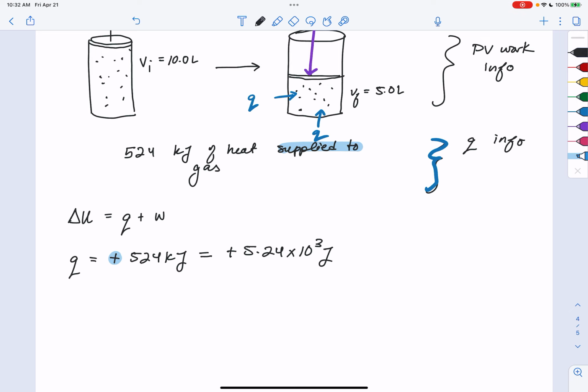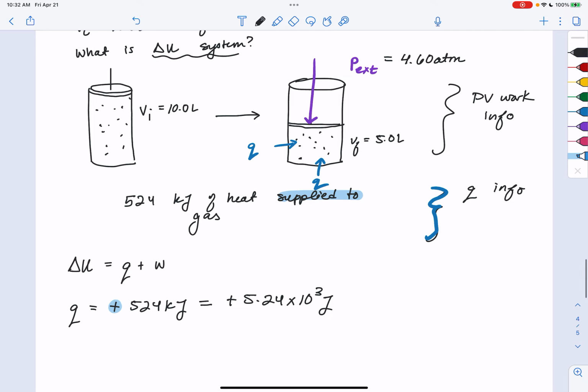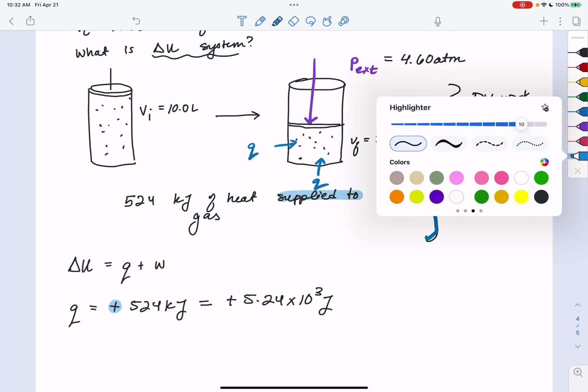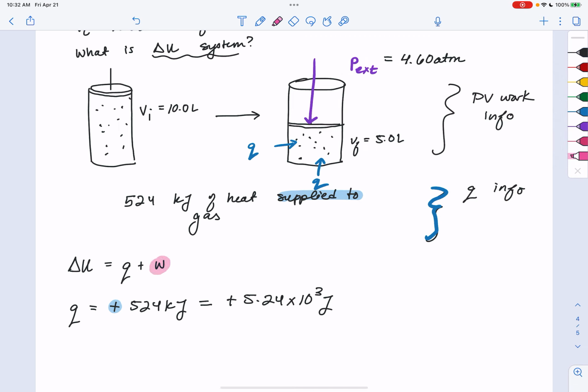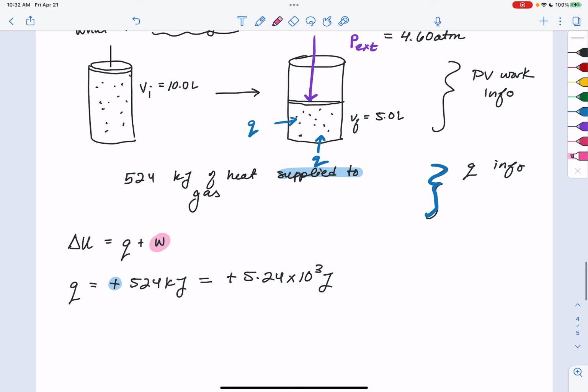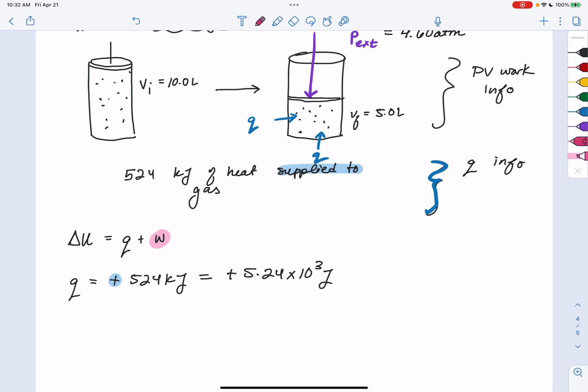What about our pressure volume information? So I think it looks like we need to actually calculate the amount of work that's going on in this compression. So let's look at how we can calculate work. So recall, work is the product of the external pressure that is being exerted on the system.